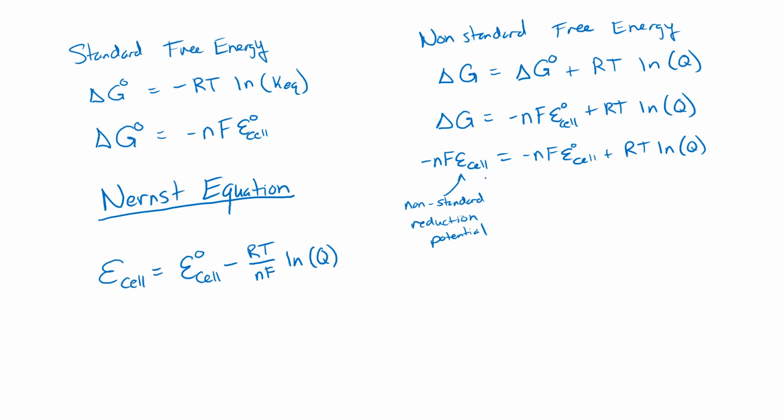It comes from over here. We're just going to divide both sides by negative nF. So we divide this by negative nF, divide this by negative nF, and divide this by negative n. Okay, so that's the Nernst equation. This is the derivation of it.